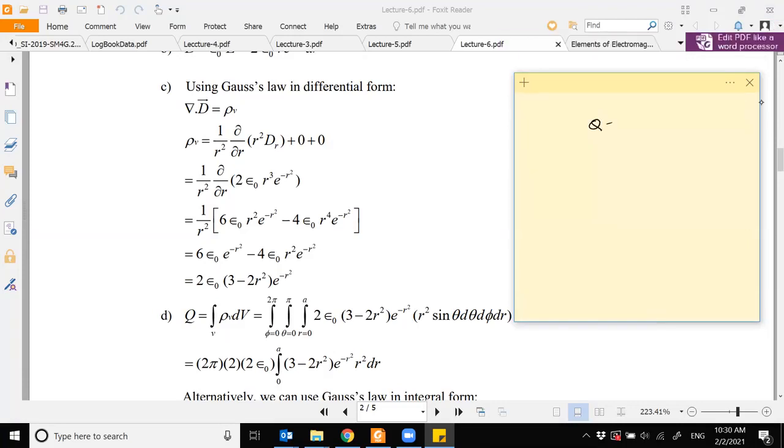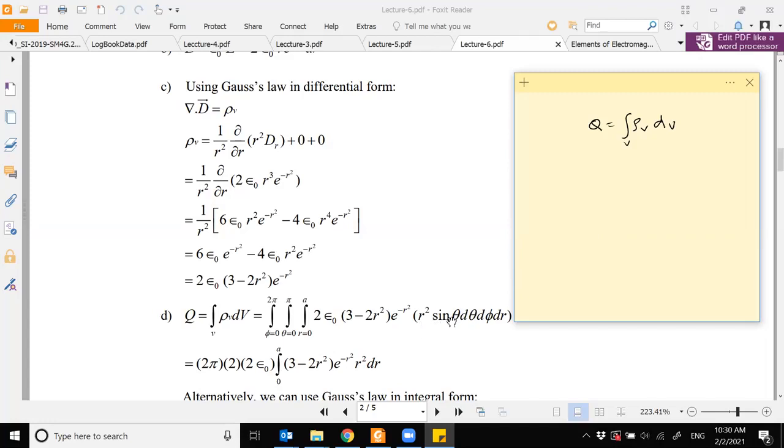The charge is nothing but the integral over the volume of rho v dV. The volume charge density is known to you, and you just need to find the integration over V. It's given as a sphere of radius A centered at the origin.